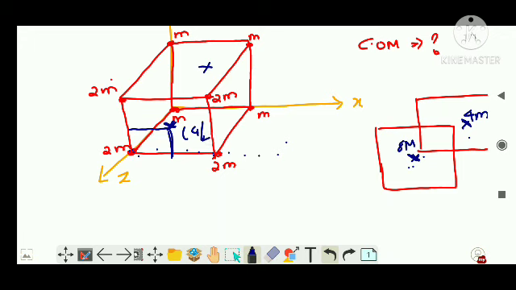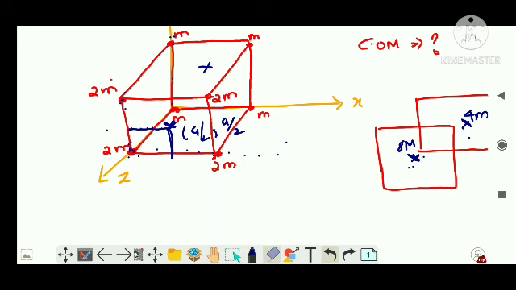Now this side is the y coordinate side. This point is along half of the y coordinate, hence the y coordinate is also a by 2. What will be the z coordinate?